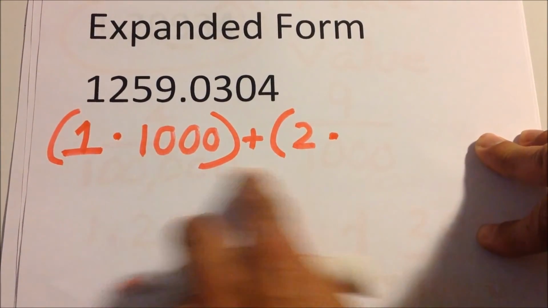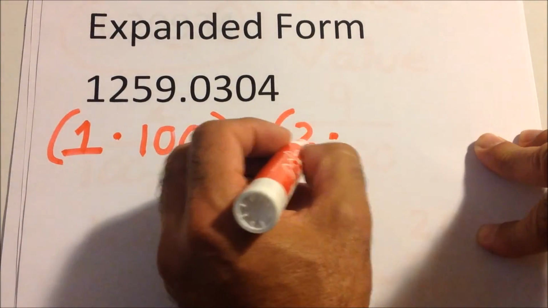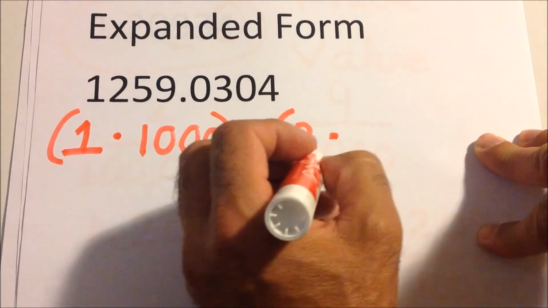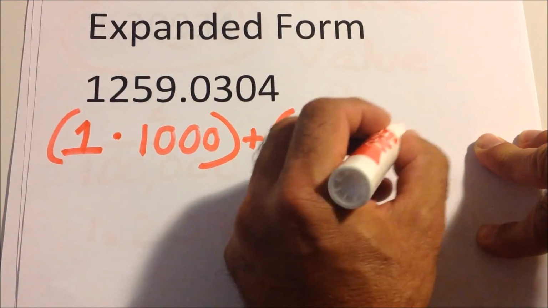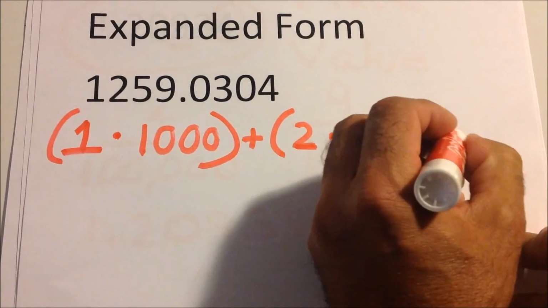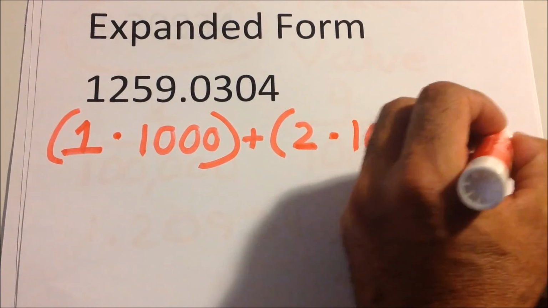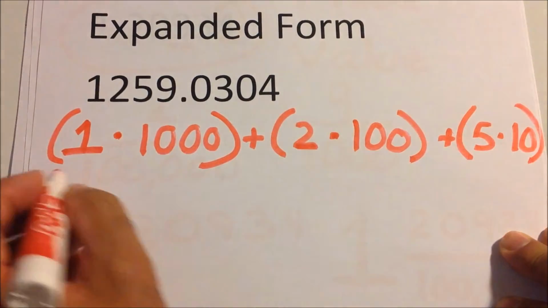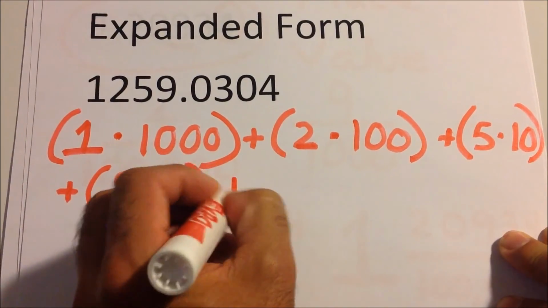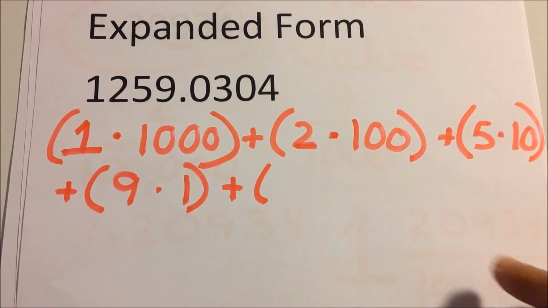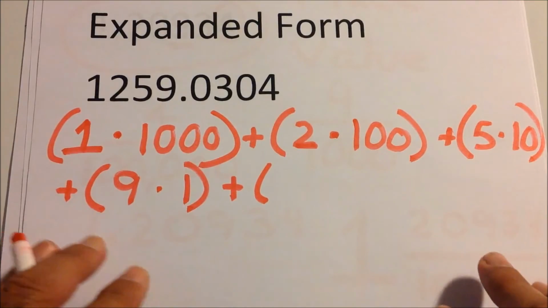Now in your workbook, you might see the X still, but we have to get used to that dot. 2 times, this is in the, 2 is in the hundredths, right? So it's 100. And I'll do 5's in the tens place, and the 9's in the ones. See if you can do the rest.